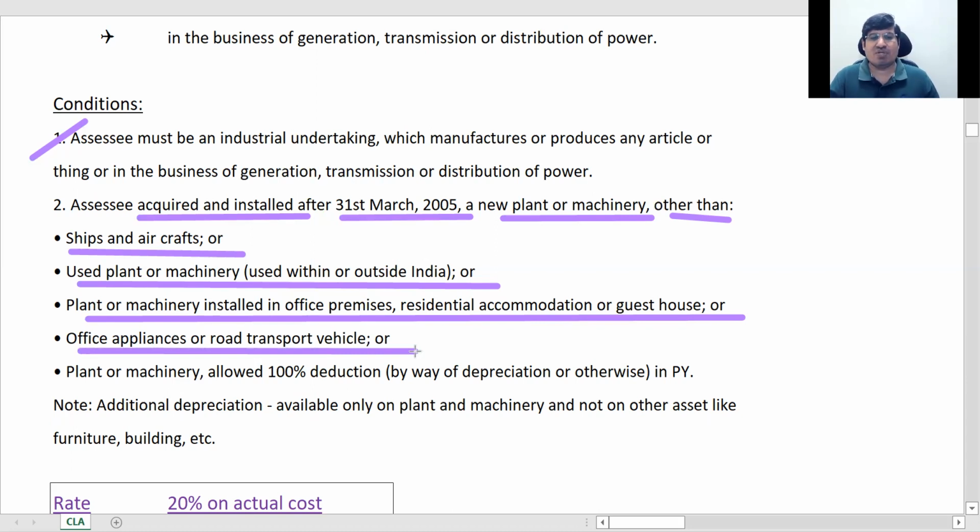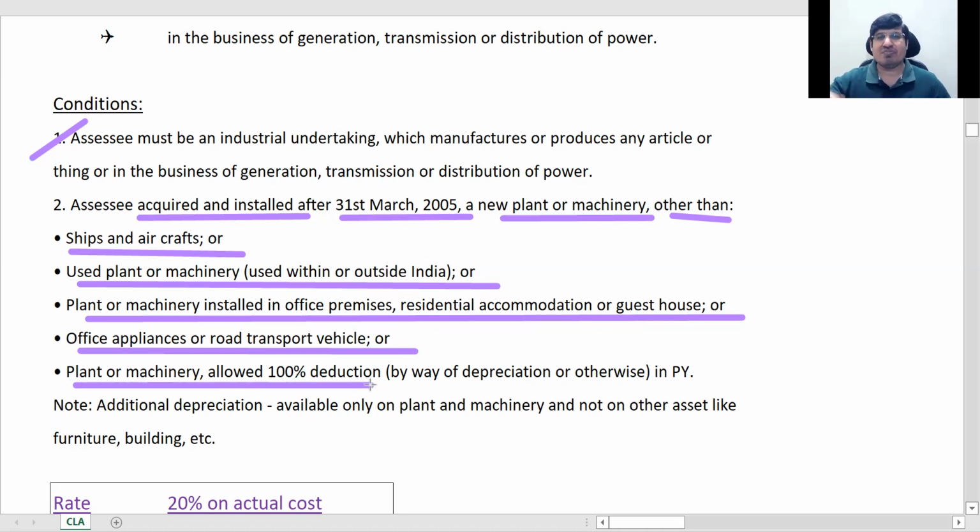Office appliances and road transport vehicles. If you bought a Xerox machine and asked for additional depreciation, no, it is not for that. It's not for office basically. Road transport vehicle means any vehicle. So basically you can say ships, aircrafts and any vehicle. And next is plant and machinery allowed 100% depreciation.